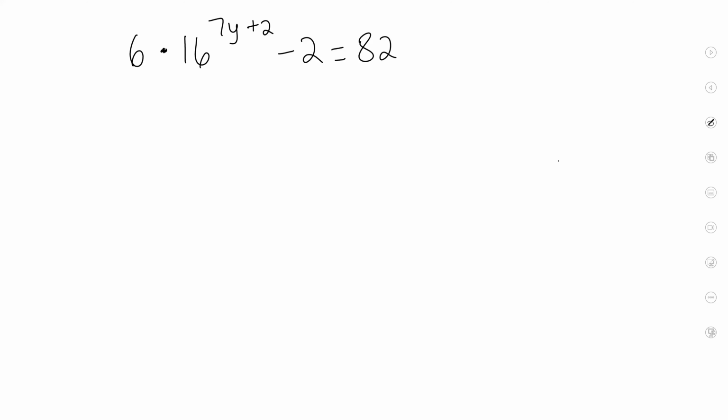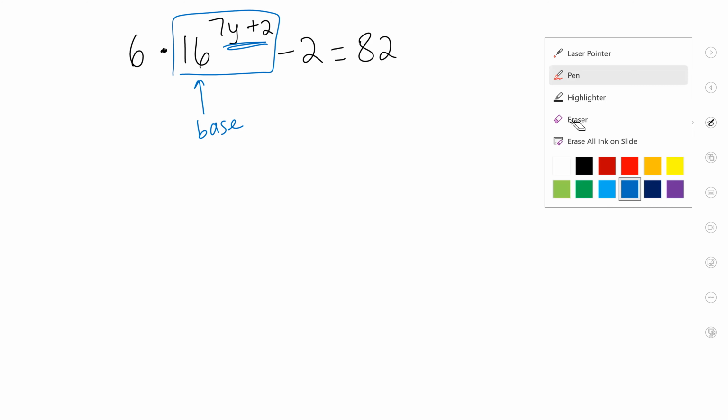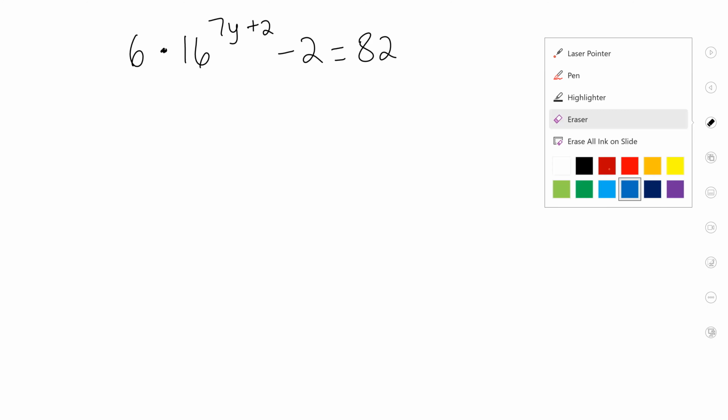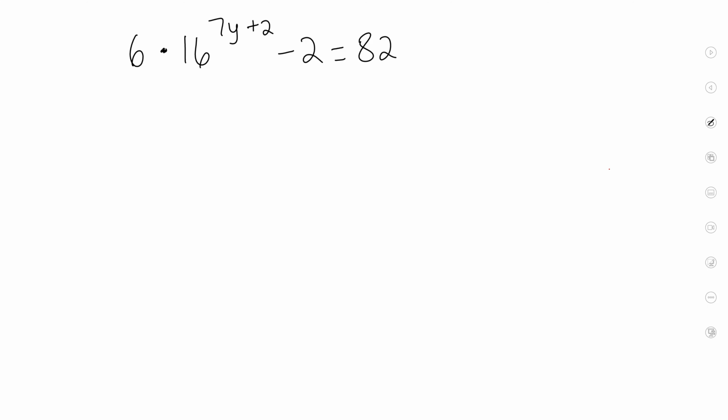Okay, so what we have to do first is isolate the exponential part. This is the base with the exponent. So we need this part by itself. So if I want that part by itself, what do I need to do first? Yes, you always start with addition and subtraction first. So we're going to add 2.